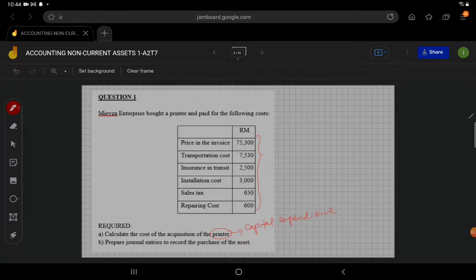And then B, prepare journal entries to record the purchase of the asset. For the journal entries, make sure the format has date, details, debit and credit, and then you have to write the explanation. So you have to try to answer the question.